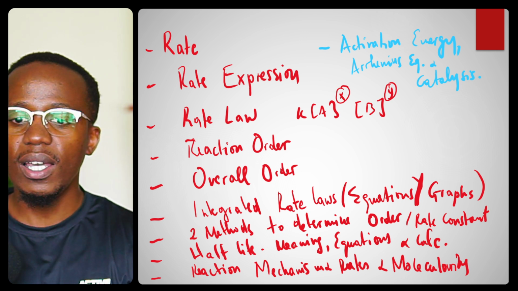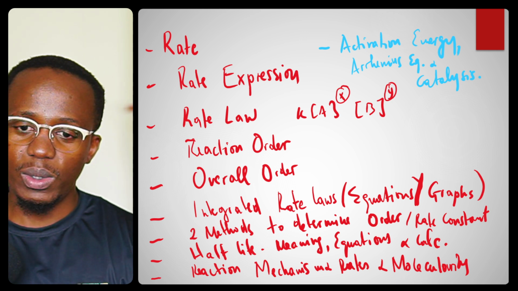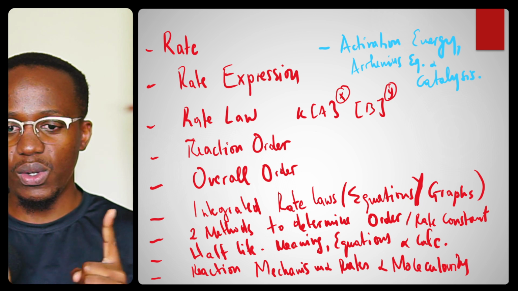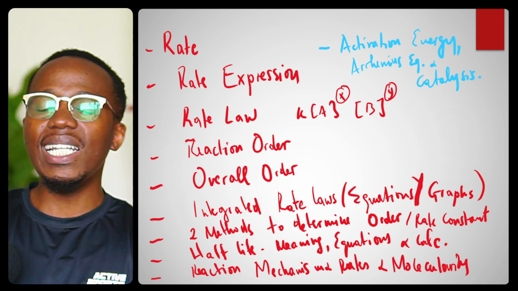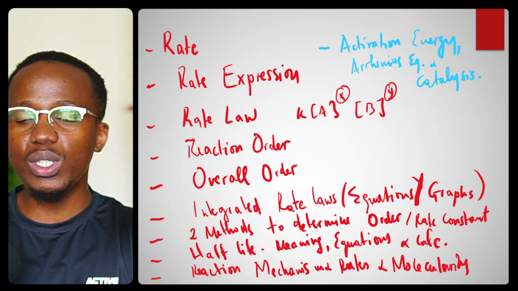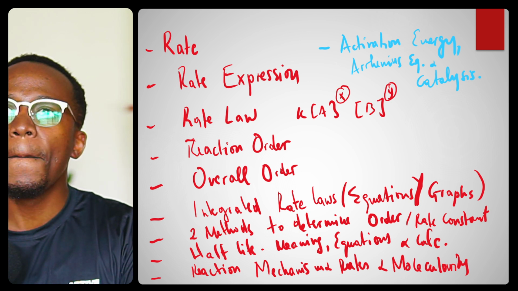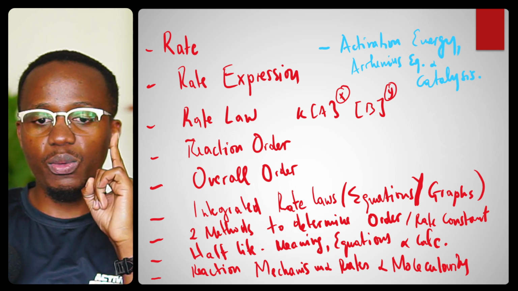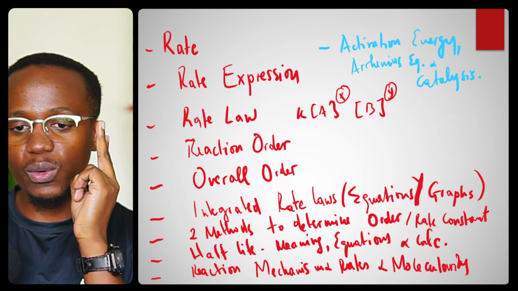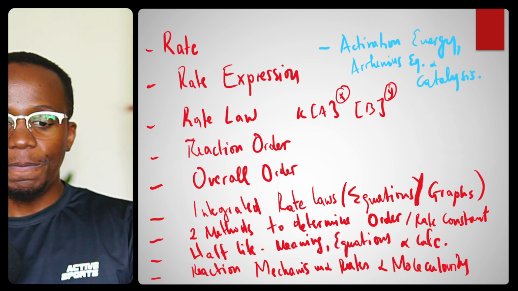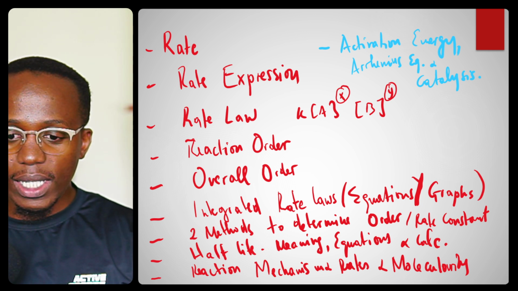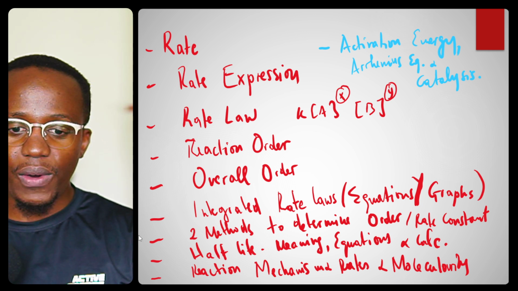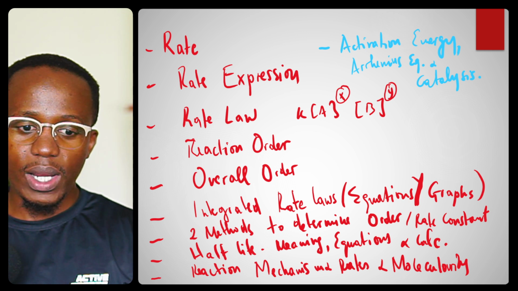Then we looked at the overall order, which is, take the two and add them up. Then we talked about the integrated rate laws, which are those equations and graphs that we need to remember. And those are the graphs and the equations that will help us experimentally find the reaction order.